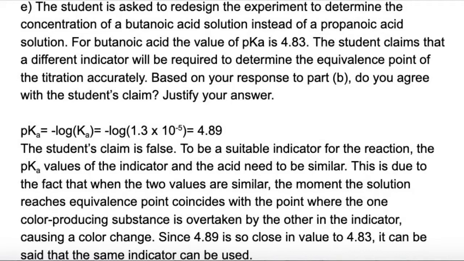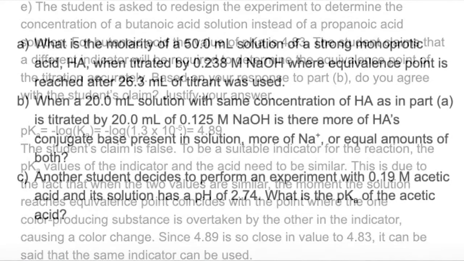And this is due to the fact that when the two values are similar, the moment the solution reaches equivalence point will coincide with the point where the one color producing substance is overtaken by the other in the indicator, and thus causing a color change. Since 4.89 is so close in value to 4.83, it can be said that the same indicator can be used for the titration of butanoic acid as the same one as propanoic acid.